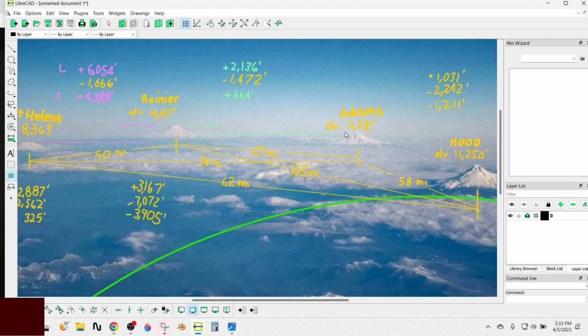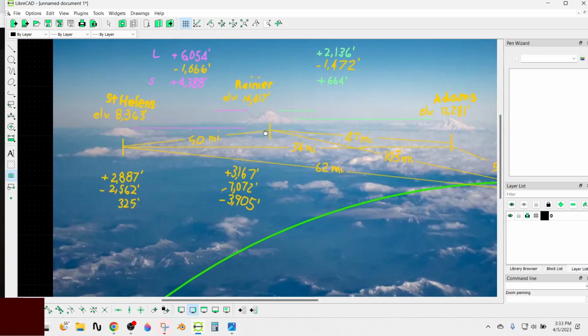I admit that Mount Adams should be out here, as in out, but the top should be down here. And Rainier should be out here also, but the top should be down in here. And Mount St. Helens, in the distance, should look out there, but it should be down here on the ball.